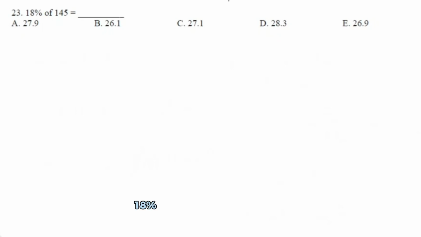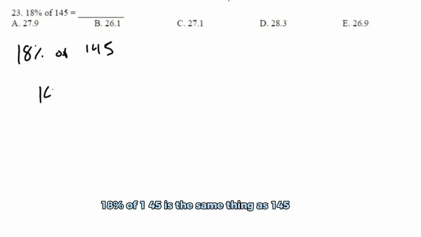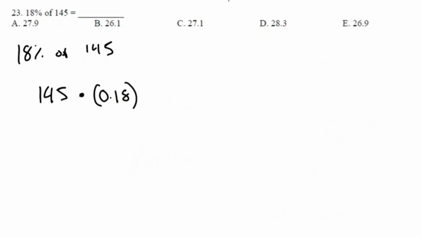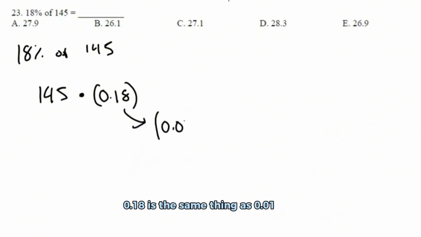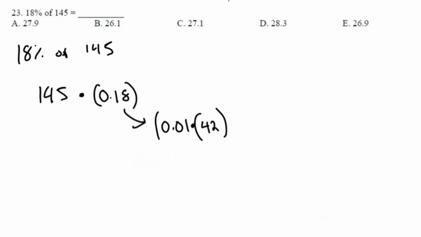Next, 18% of 145 equals blank, right? We're supposed to find what that is. So what is 18% of 145? Well, similar to the last problem, we can break this problem down by seeing what it really represents. 18% of 145 is the same thing as 145 times 0.18. 0.18 is the same thing as 0.01 times 18, right?